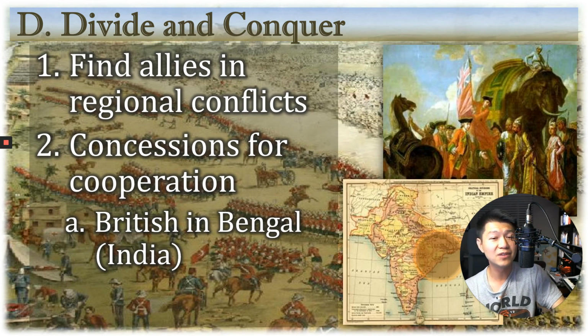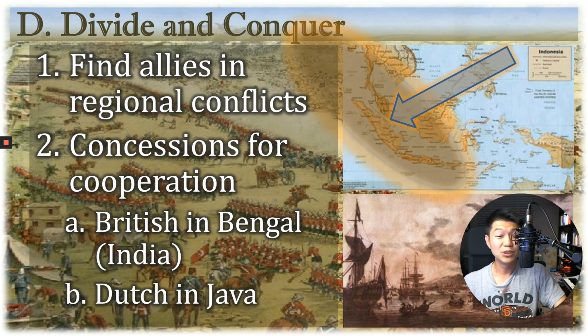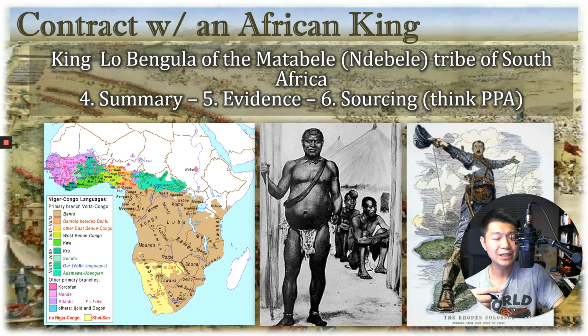It gives them a number of concessions, and with these allies, they're able to conquer deep inland, like what the British East India Company did in Bengal, what the Dutch did in Java to create their Indonesian empire as well. And so as a result, with these particular purposes, we can see how the West is able to conquer these particular places.